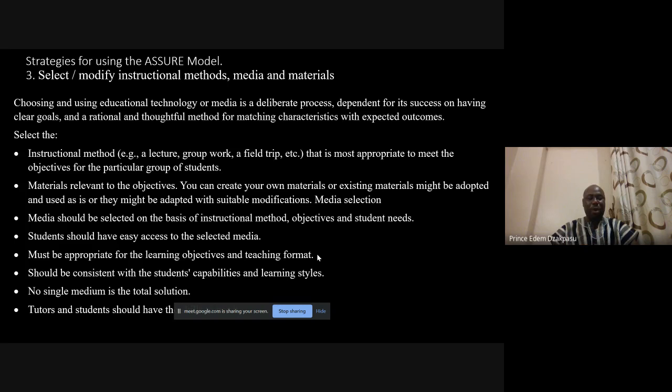It must be appropriate for the learning objectives and the teaching format that is being adopted. The media should be consistent with the students' capabilities and learning styles. Then, no single media or medium has a total solution. Tutors and students should all have access to this media and be able to use them.